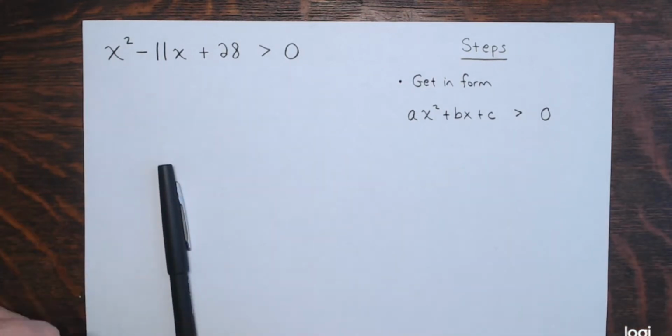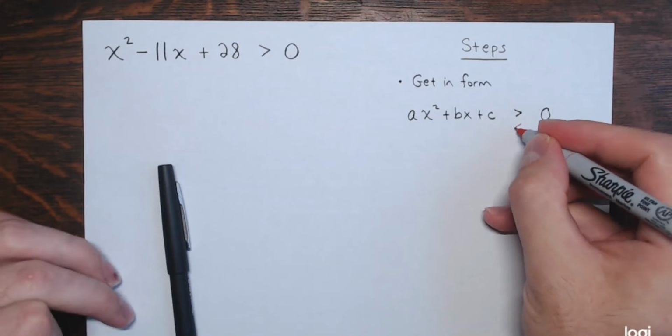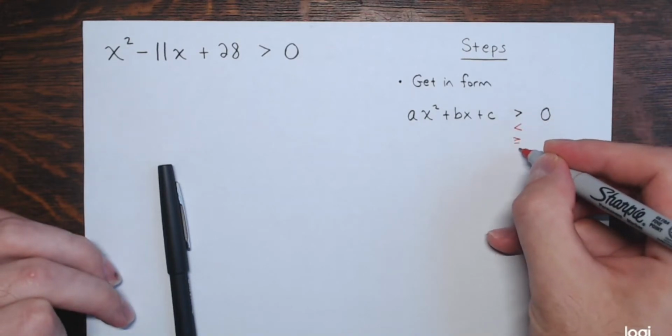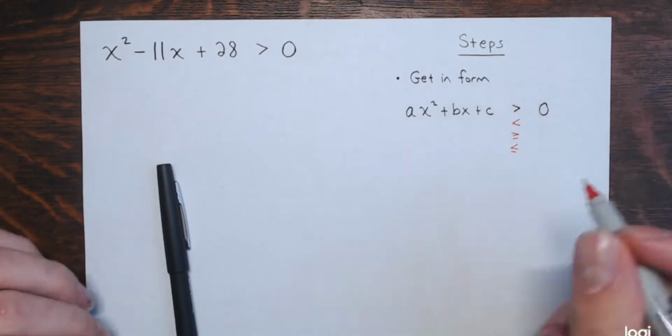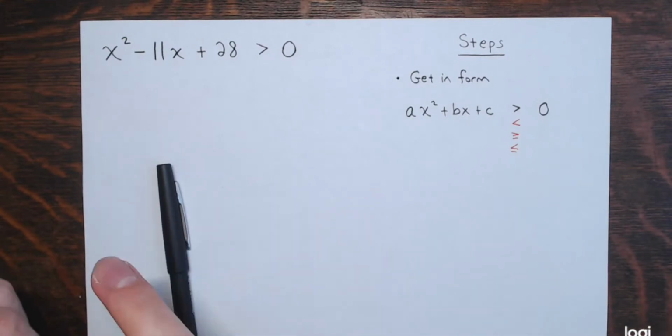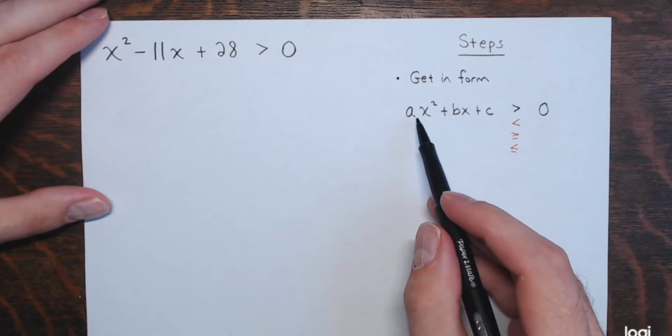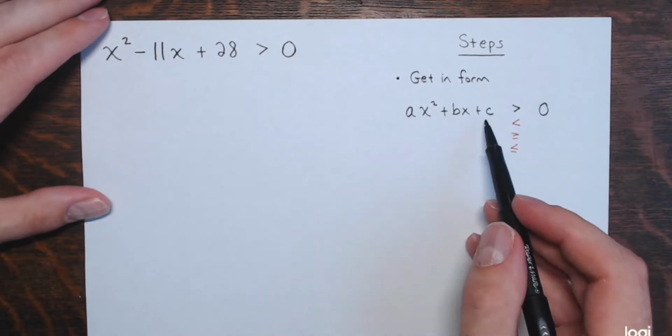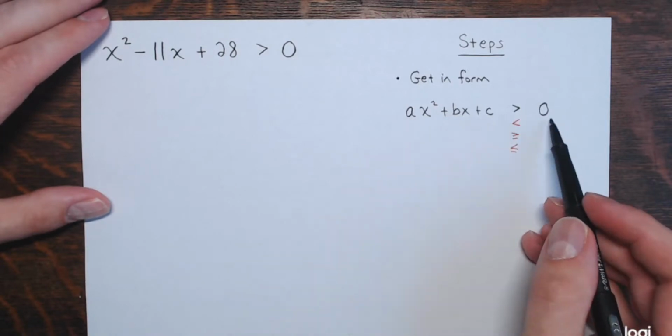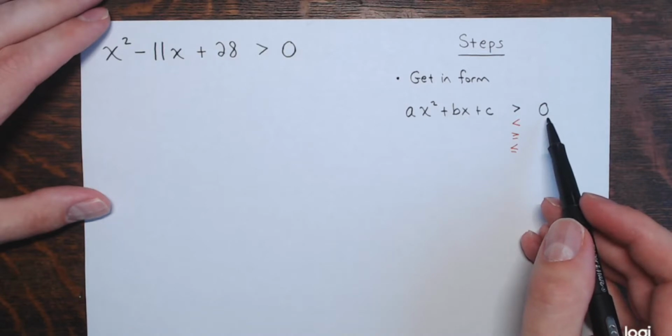Now that could be is greater than, is less than, is greater than or equal to, is less than or equal to, okay? But I want to set this up so that we have everything on one side, a quadratic polynomial on one side, and 0 on the other side of the inequality symbol.